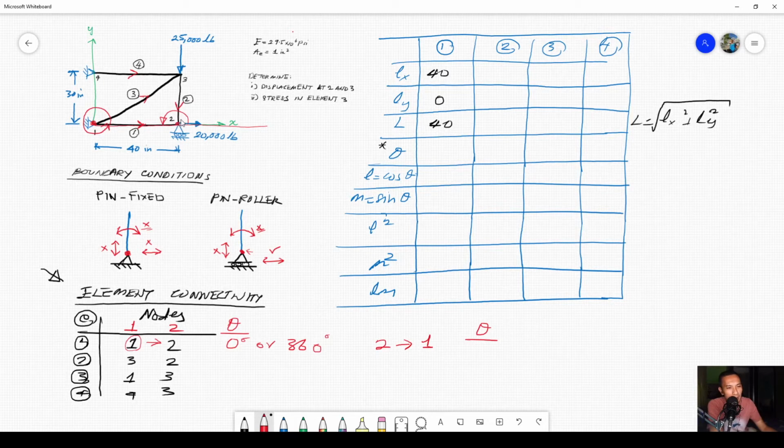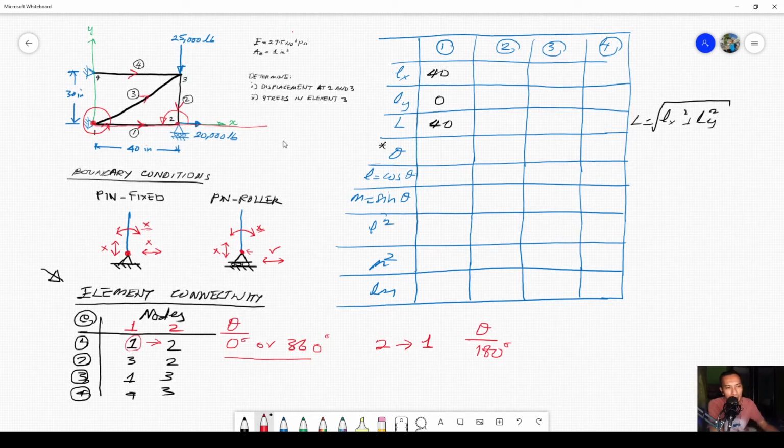So as we can see here, for this kind of element connectivity, the angle will be 180 degrees. So it's slightly different in terms of the element connectivity, whether this element is connected from 1 to 2 or 2 to 1.